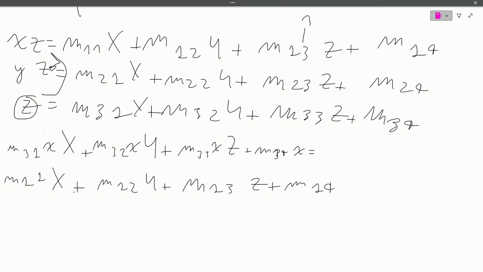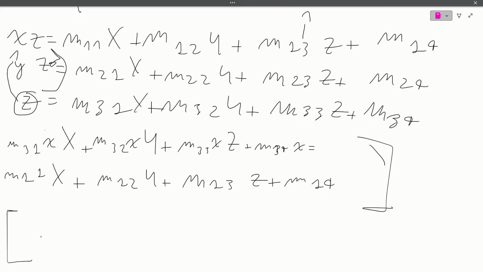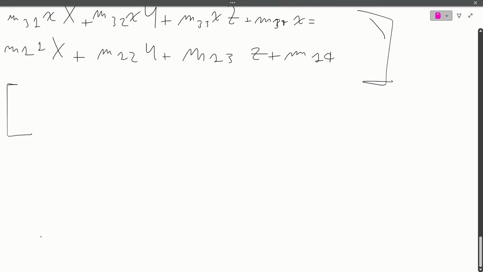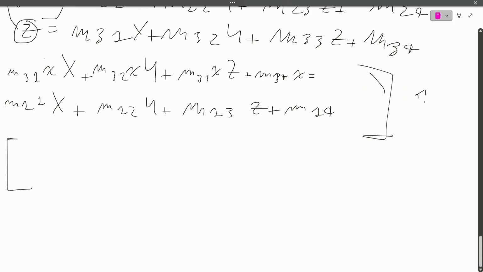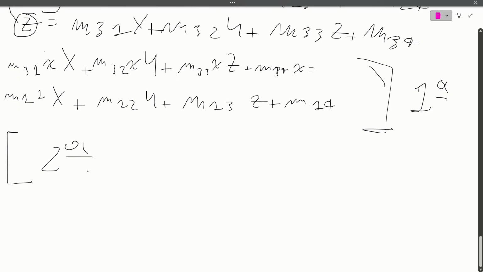I don't want to write it, it's too long, but the same. This is the result of plugging z in the first equation, then we can plug z in the second equation and obtain another equation. Now we can rewrite the two equations, the first one and the second one that I don't want to write because it's long.